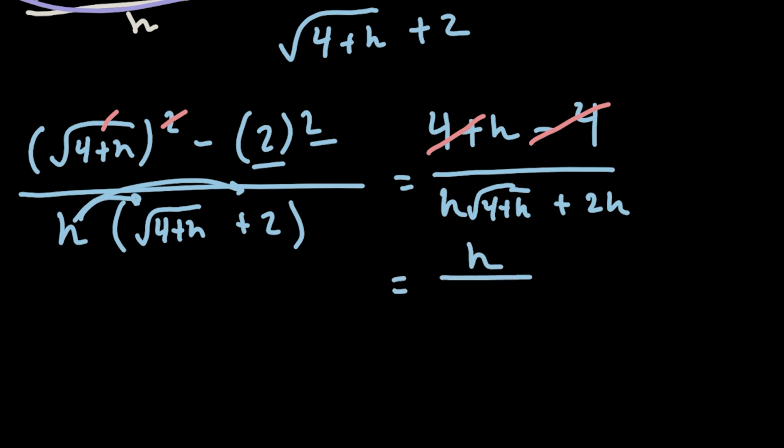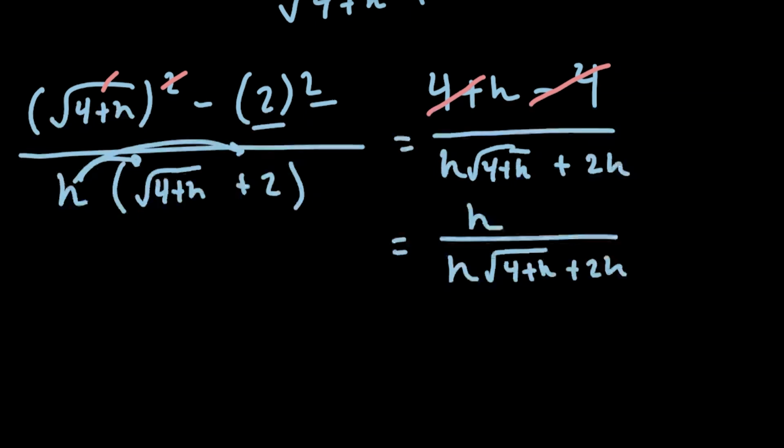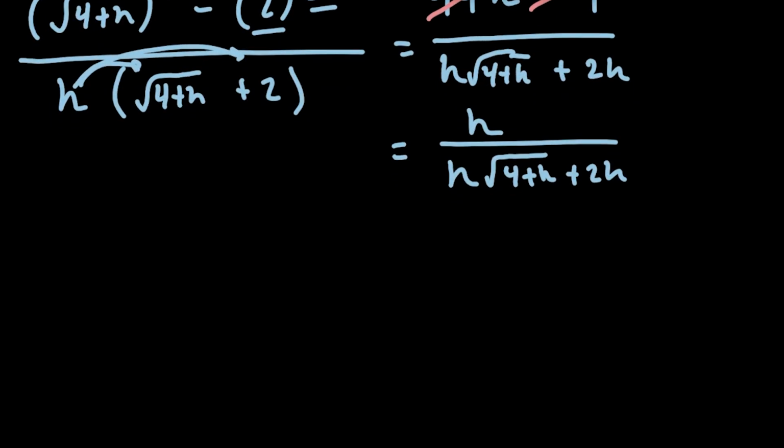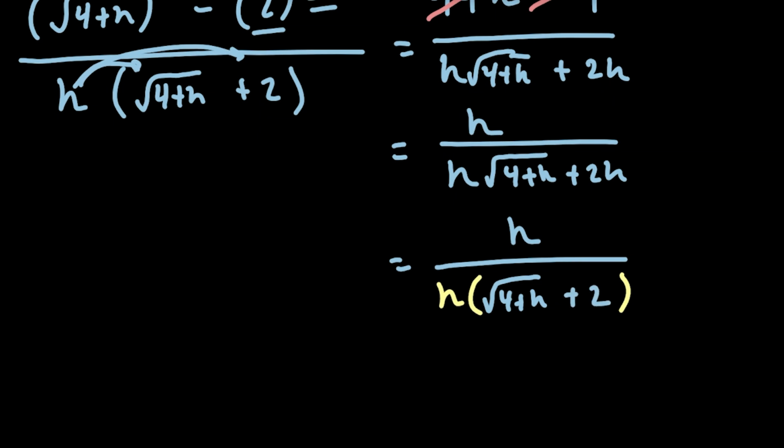So what we'll have is h over h times the square root of 4 plus h plus 2h. So we can take h as a common factor. So we'll have h over, taking h as a common factor, the remaining part would be the square root of 4 plus h plus 2.